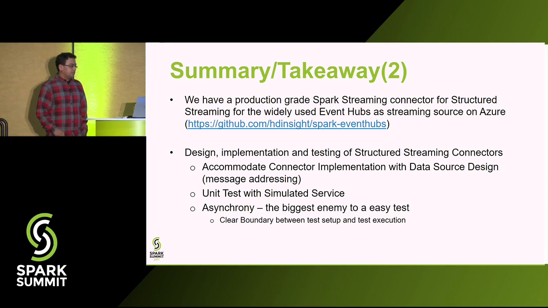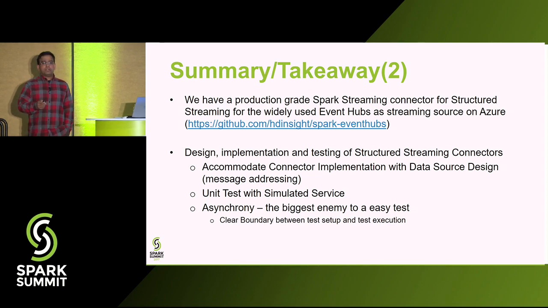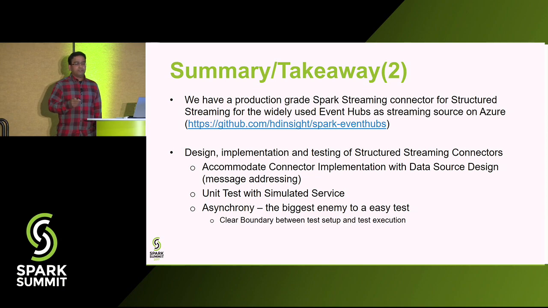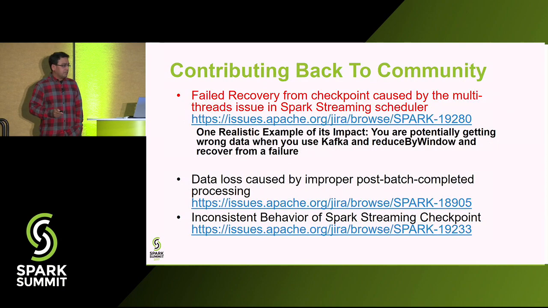We do have the unit test framework that we believe will be helpful if somebody decides to write connectors for other sources that are very similar to EventHubs. And we have resolved the race condition. And we hope that the production code is also refactored in due course.